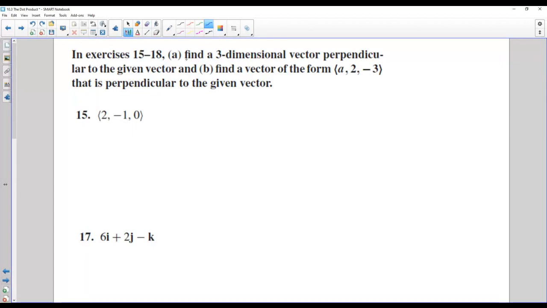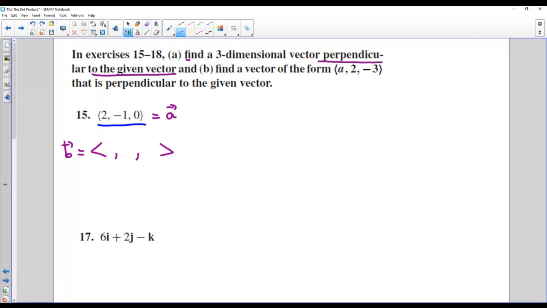Now, I want to find, here is a vector. I want to find another vector, so we can call this A if we want. I want to find another vector, B, which is perpendicular to the given vector, to A. Good question this. You need to think a little bit.